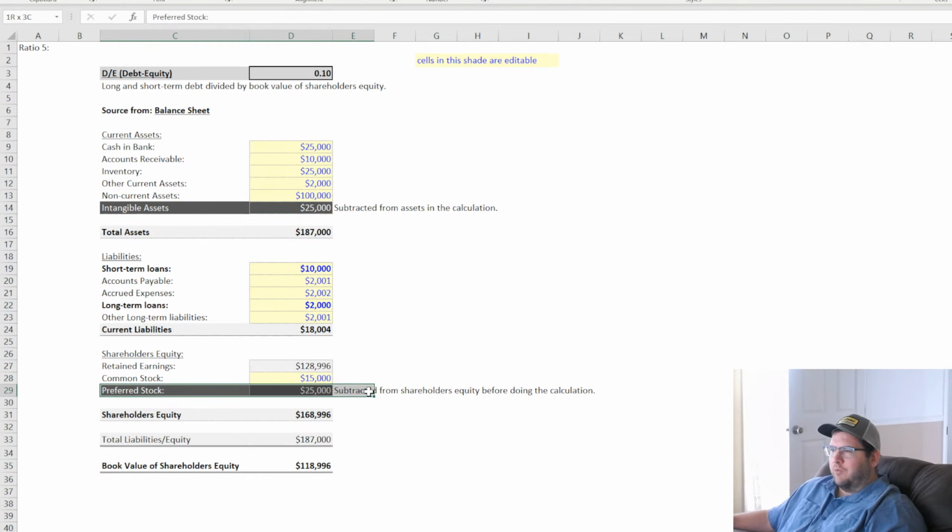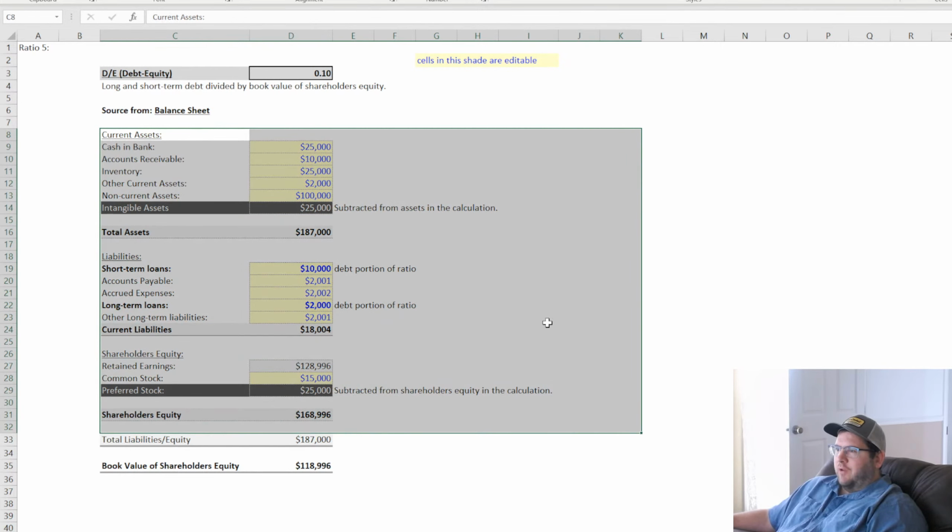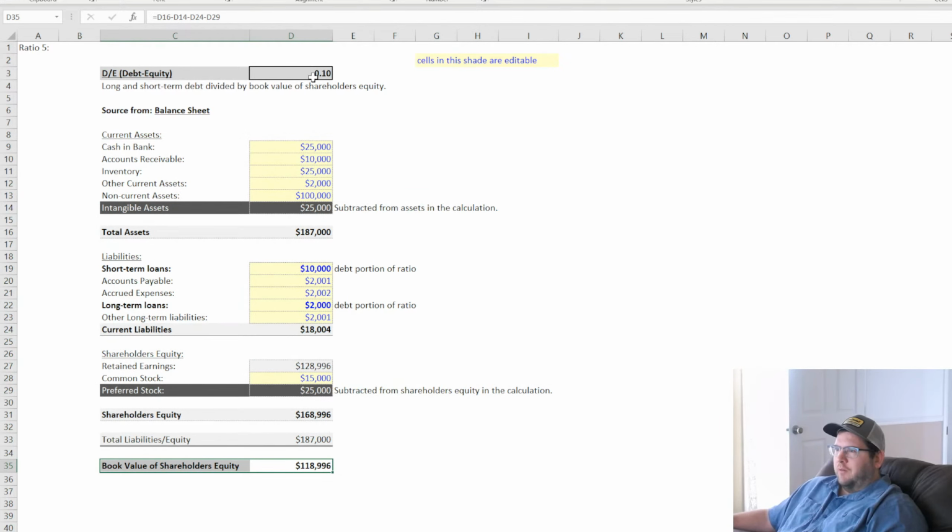We're subtracting this out, debt portion of the ratio. Actually, we'll put that over here. So if you feel like analyzing some public companies, look at their balance sheet. You can look at all the different components and try to come up with a debt to equity ratio here.